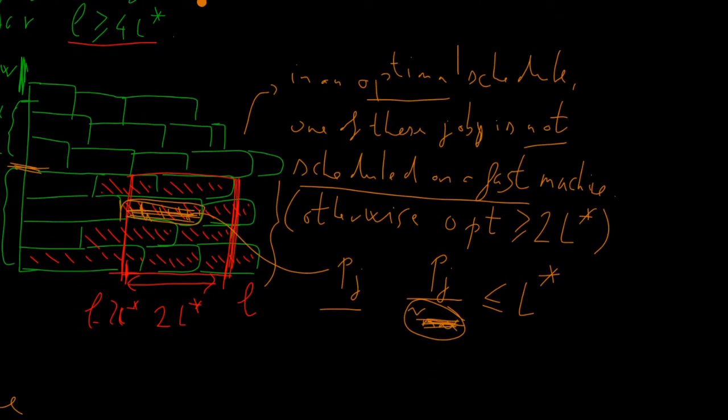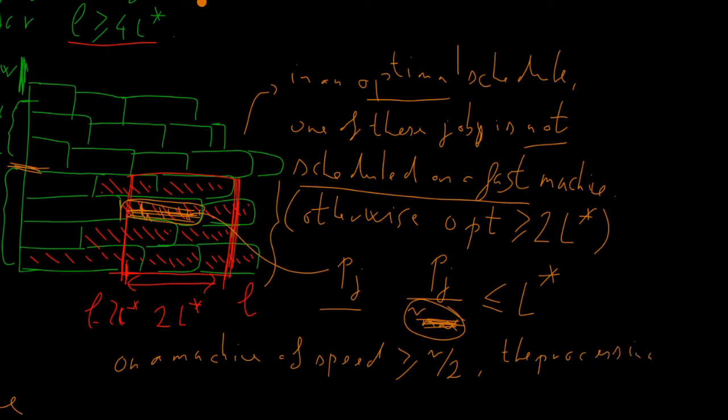Now, this means that on a machine of speed at least v half, the processing of pj takes at most 2L star time.